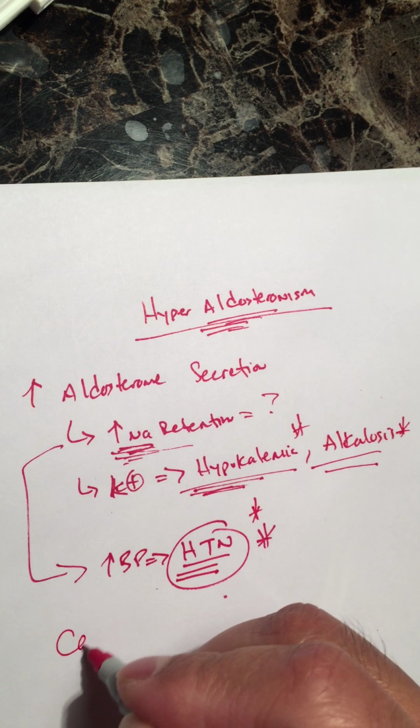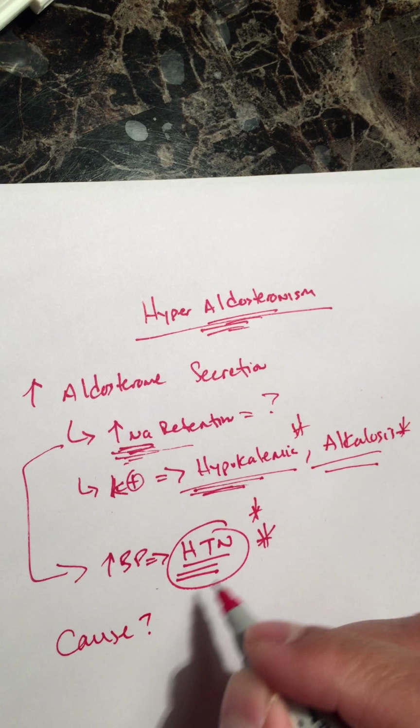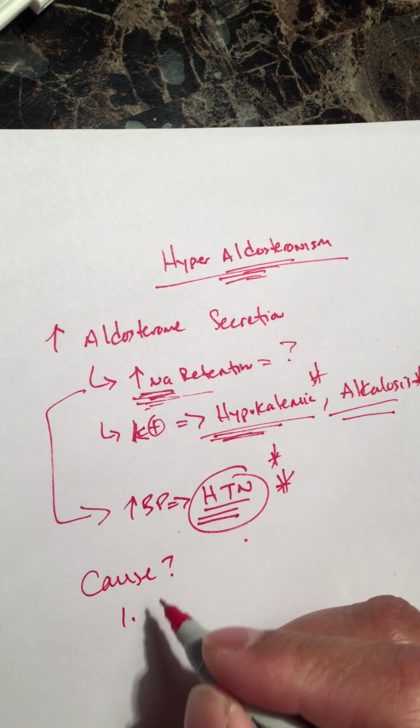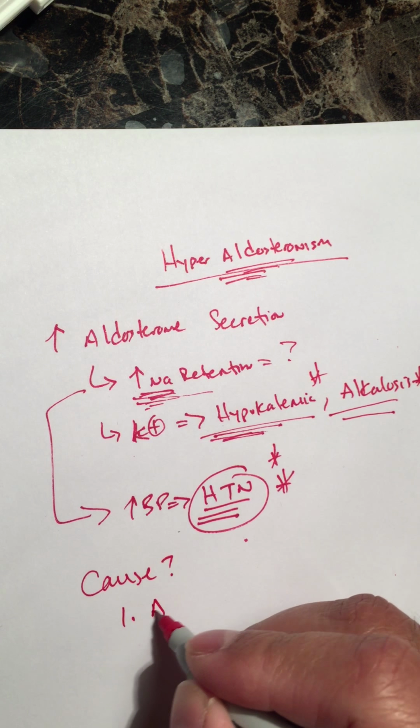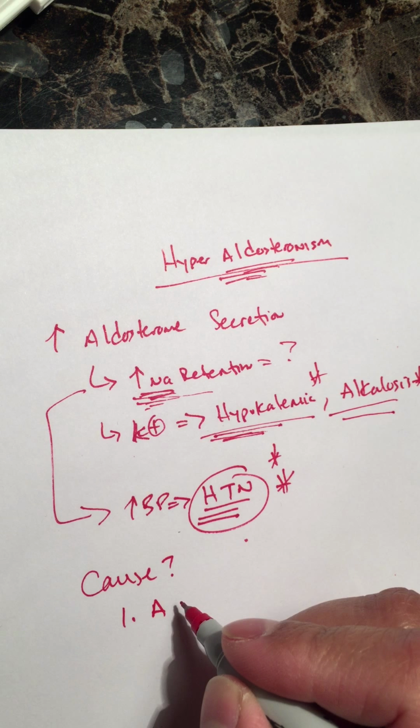Now, what is the cause of hyperaldosteronism? One of the main reasons is some type of adenoma. In this case, adrenocortical adenoma.